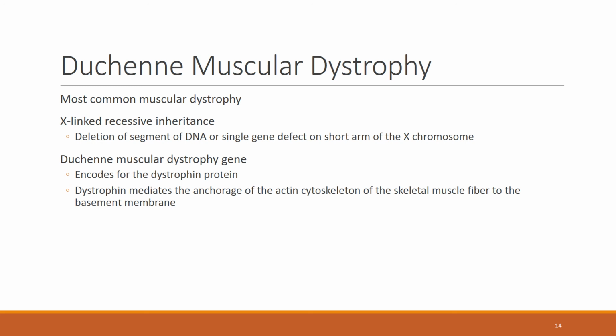Dystrophin, that protein, will mediate the anchorage of the actin cytoskeleton of the skeletal muscle fibers to the basement membrane, and the result will be muscle wasting and muscular dystrophy.